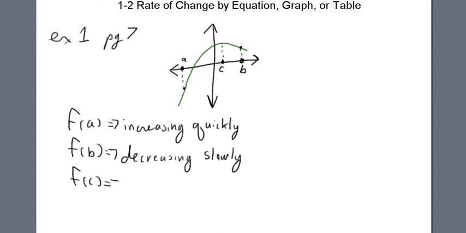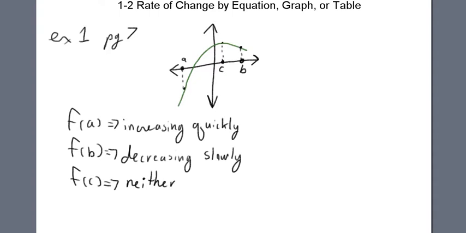And f of C is an interesting one. It is neither increasing nor decreasing. This is right where the line is flat, right where it turns around, so it is neither. So for this, pretty much all you got to do is look at the graph and see if it's steep or not, and if it's going up or down or not at that moment.